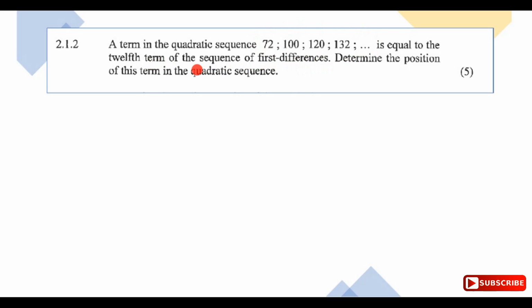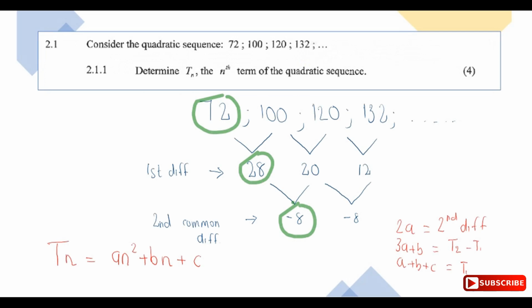So guys, what is the sequence of the first difference? Okay, what is that sequence? If you have a look at our sequence here, we had the quadratic sequence 72, 100, 120, and 132. Then we found the first difference for this quadratic sequence to be 28, 20, and 12. And then we found that the second common difference is -8.